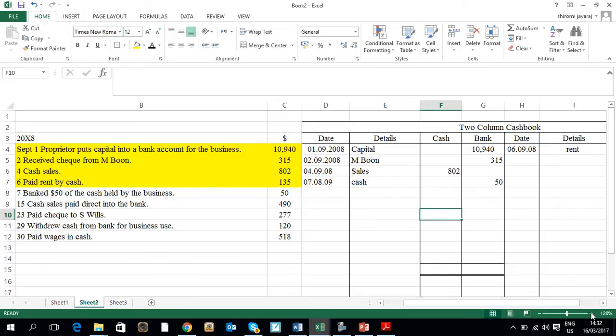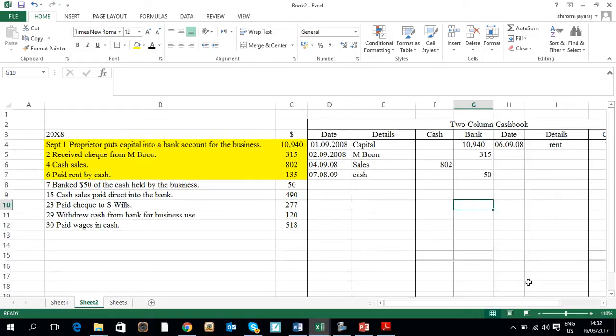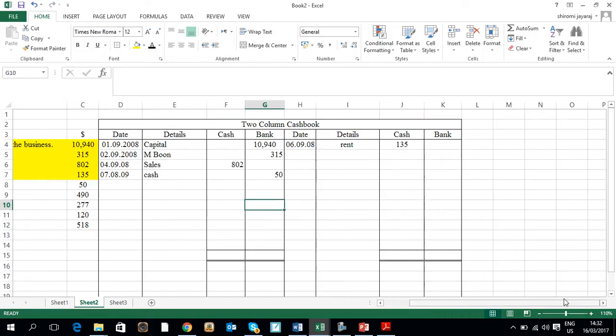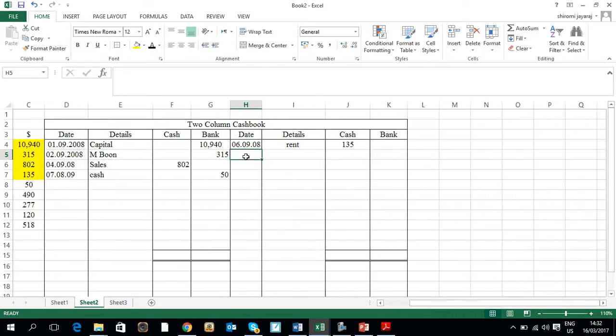And now we move on to the credit side of the cash book, and the date would be 7/8/08. Opposite account's name bank, and we'll credit it in the cash column by 50.